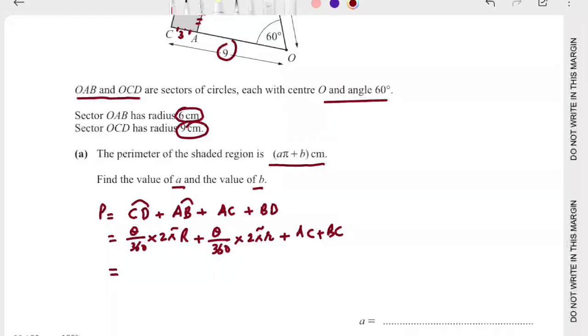Theta is 60, divided by 360, times 2 times pi times outer radius 9, plus 60 over 360 degrees times 2 times pi times 6, plus line segments 3 plus 3.